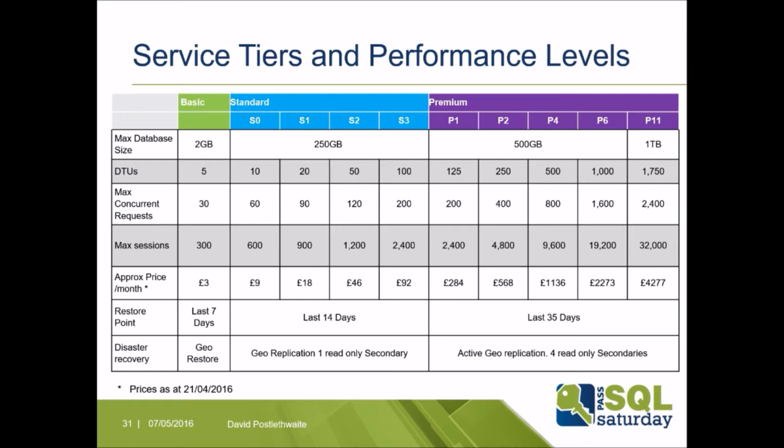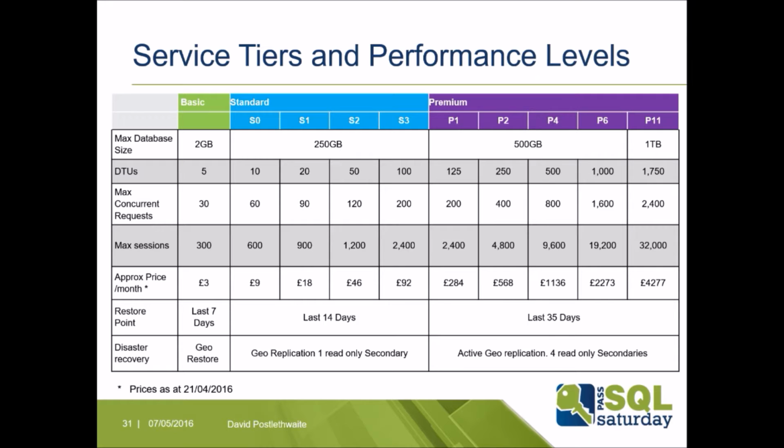And for each service tier, you'll see there is a maximum size: Basic 2 gig up to Premium P11 of 1 terabyte. The DTU numbers that you can see there allow you to see the relative power of the different performance levels. So Basic has 5 DTUs, so you can expect S1 with 20 DTUs to have 4 times the power of Basic.